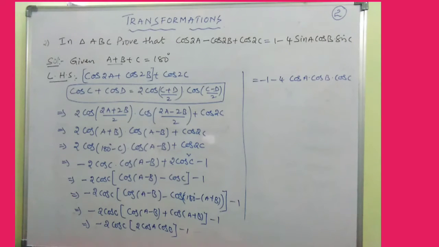Cos 2A minus cos 2B plus cos 2C is equals to 1 minus 4 sin A into cos B into sin C.